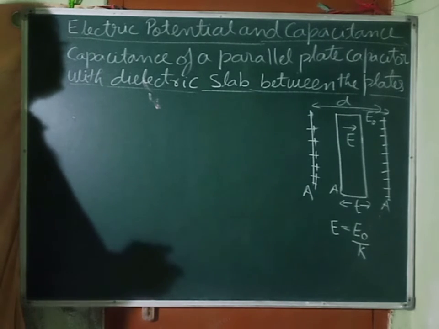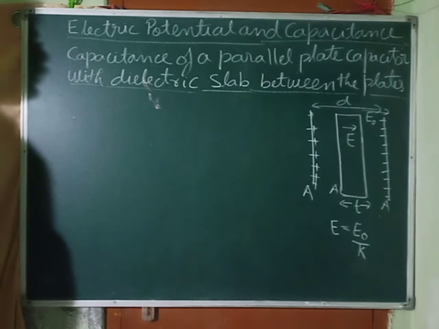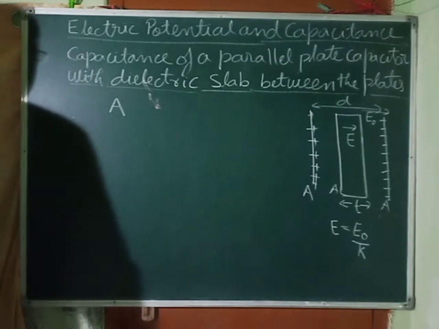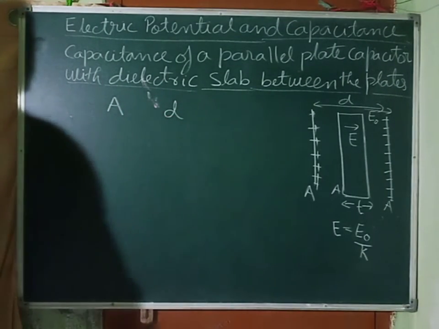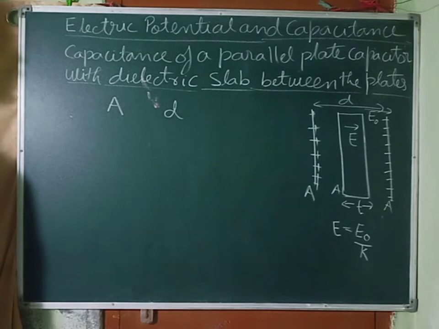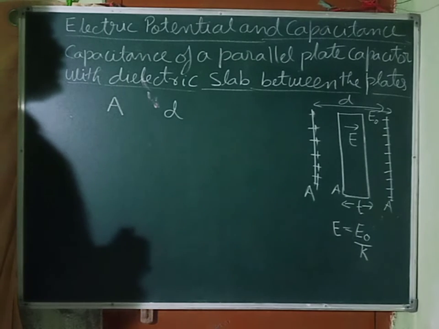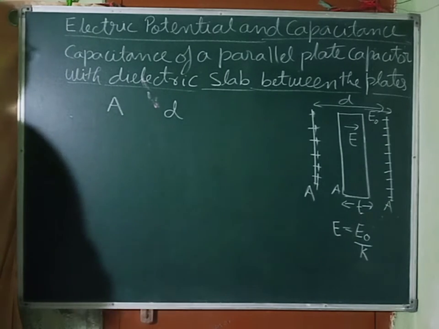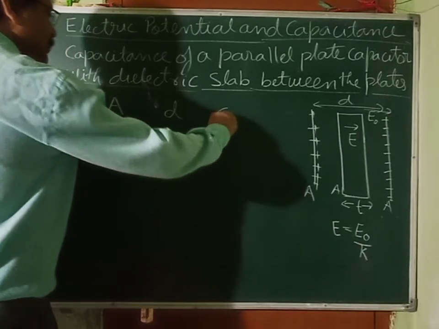Let us consider a capacitor of plate area capital A and separation between the plates D, such that when there is free space between the plates, then its capacitance is C naught.